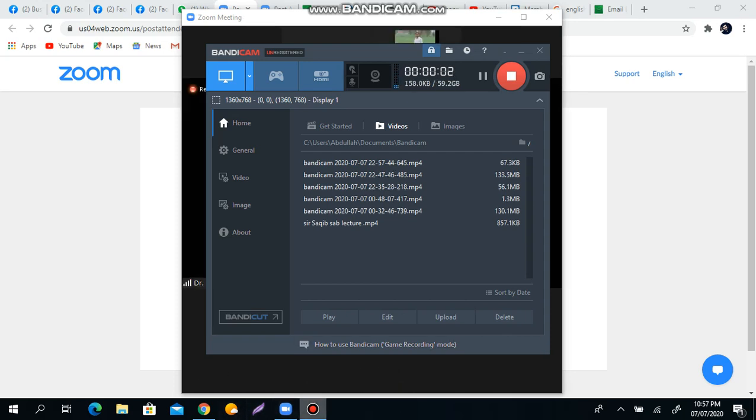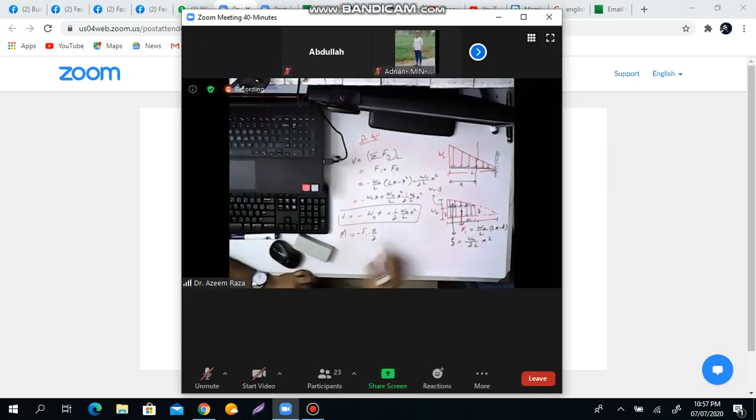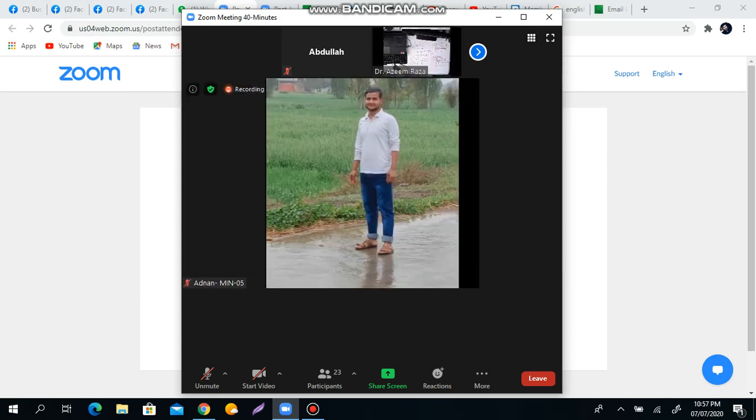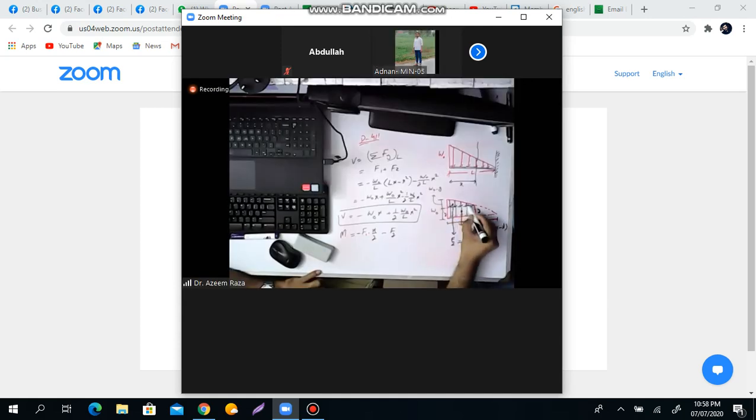x over 2. The sign would be negative. Similarly, f2 times, what's the distance? What is this distance? From this point to this. What is this distance? x by 3.